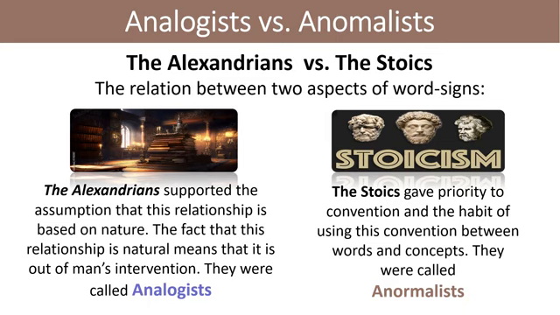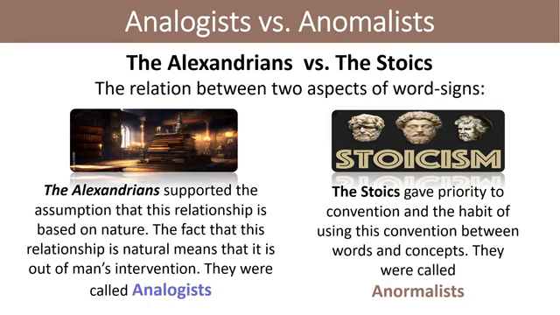The Alexandrians held the view that language was by nature systematic and regular, that is to say, they supported the assumption that this relationship is based on nature. The fact that this relationship is natural means that it's out of man's intervention.